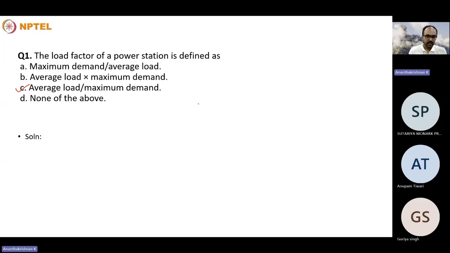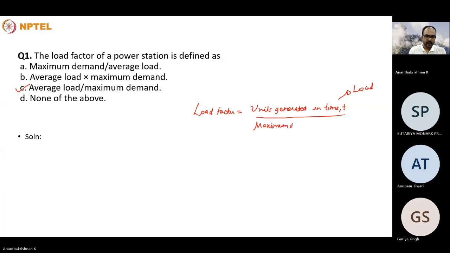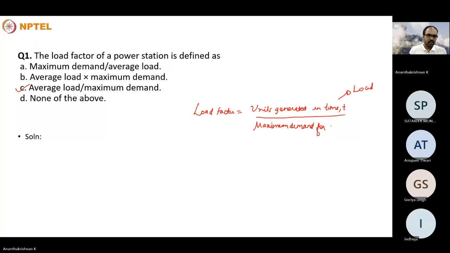You can write the load factor in terms of the units generated in time t, that is the average load part, divided by the maximum demand, for time t.